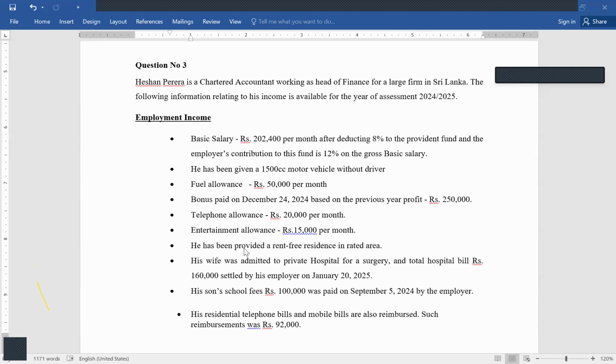He has been provided a rent-free residence in a rated area. So now you have to calculate the tax liability of this rent-free residence. So calculate it.